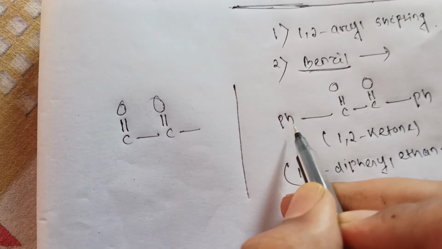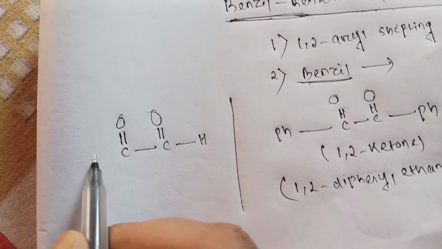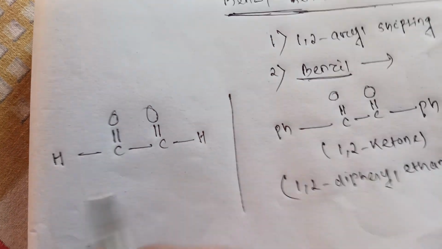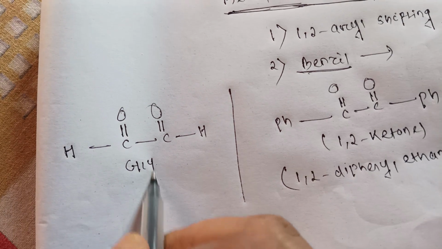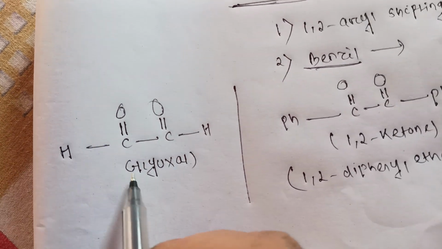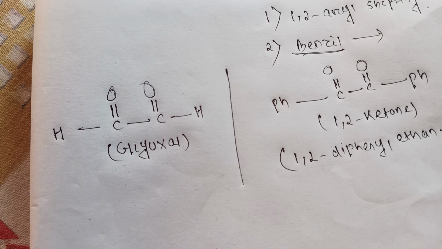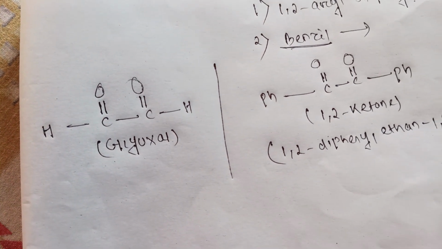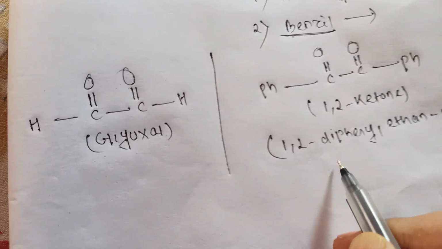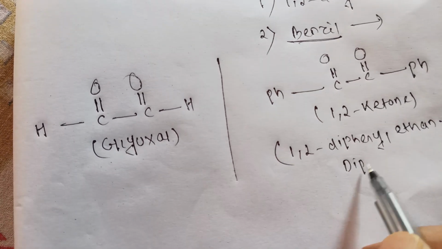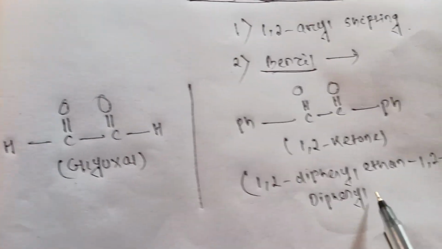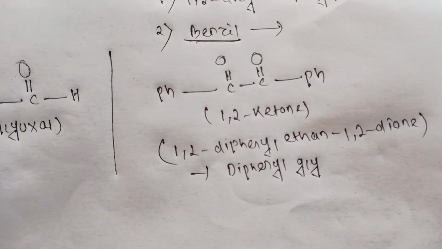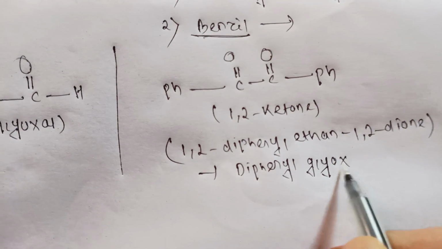If I replace the phenyl group with hydrogen on both sides, the structure is called glyoxal. If we replace this hydrogen with phenyl, we can call it diphenyl glyoxal. So remember the point: another name of benzil is diphenyl glyoxal.